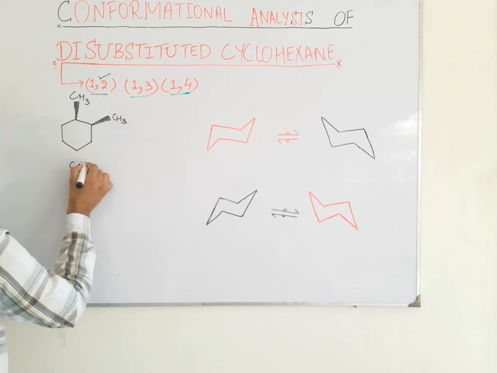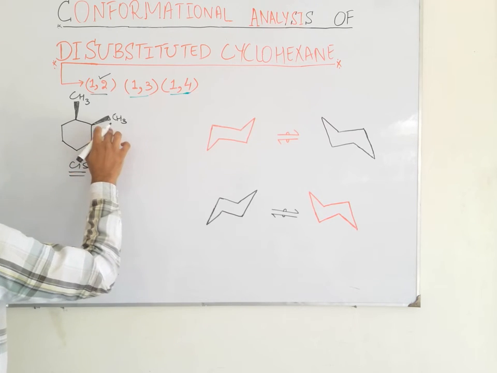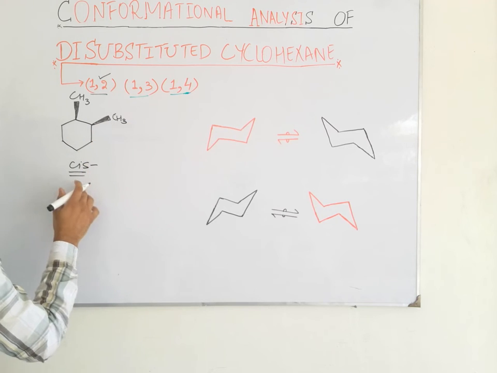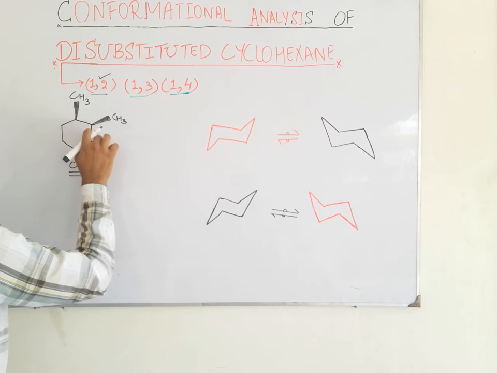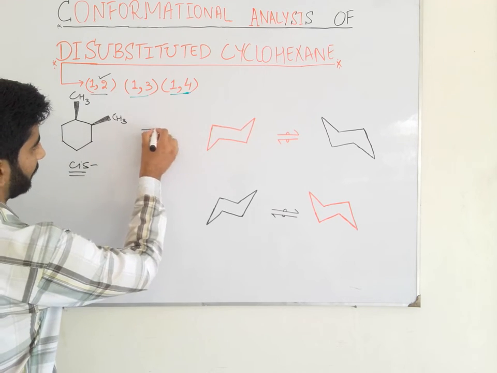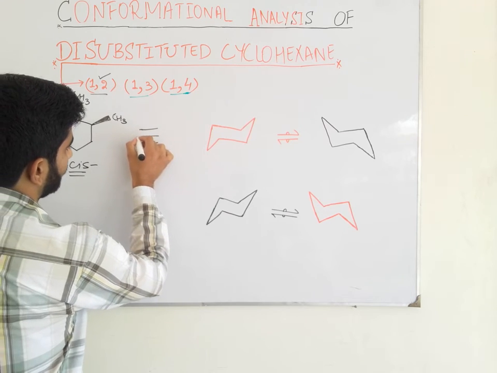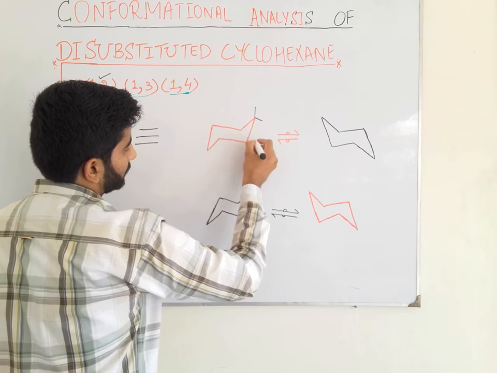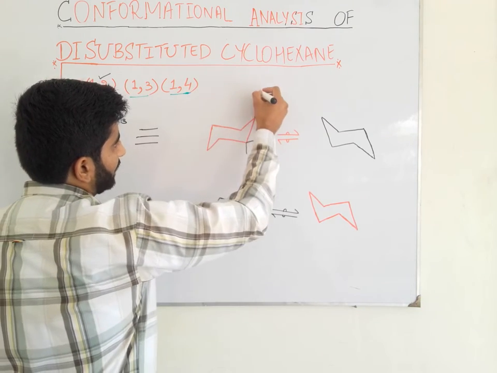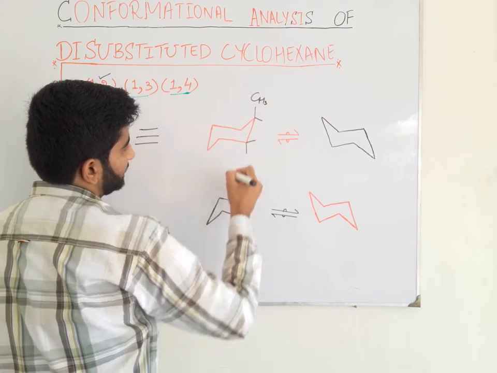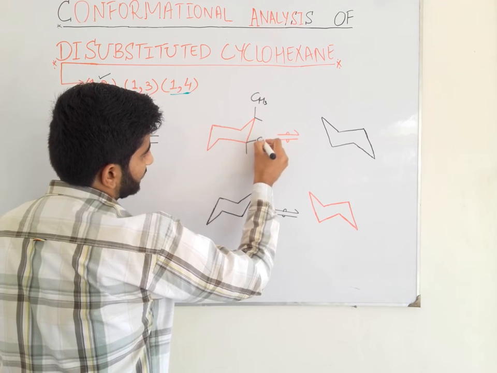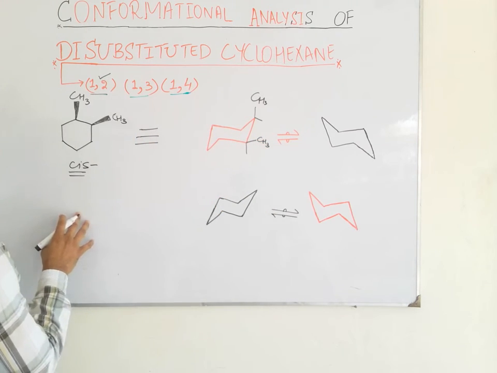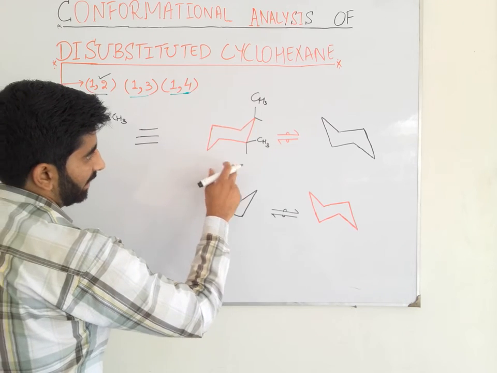So it is our cis, because both methyl groups are above the plane, so it is our cis 1,2-dimethylcyclohexane. In chair conformation, we draw this structure like this. If one methyl group is axial up and the other is equatorial up, then they are cis isomers.